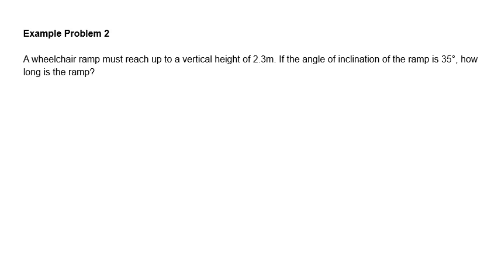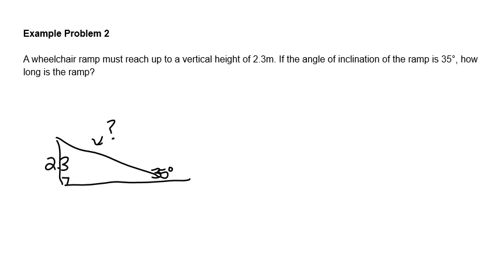So we have to sketch a diagram. Here's my diagram. It's not the best drawing. We have a ramp going up on an angle. The vertical height, which is that straight up and down height, is 2.3 meters. The angle of inclination, which is the angle the ramp makes with the ground, is 35 degrees.